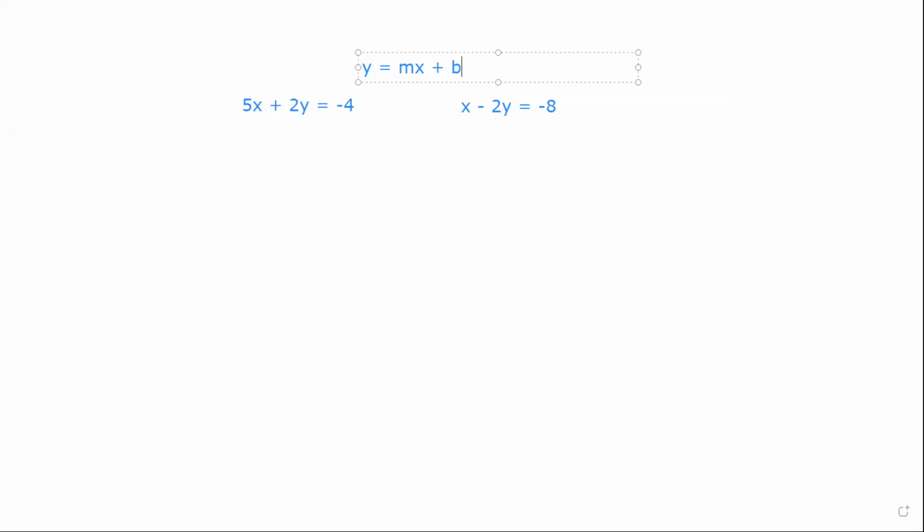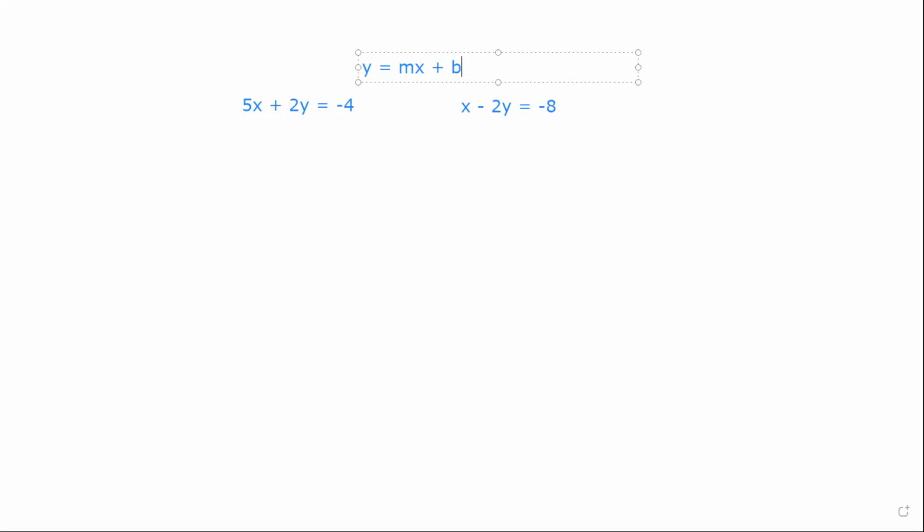It starts with y. So converting the other two equations means we have to get everything from the left side that's not y over to the right side. Cancel it, eliminate it, divide it, subtract it. We have to do something with it and end up with only y on the left.